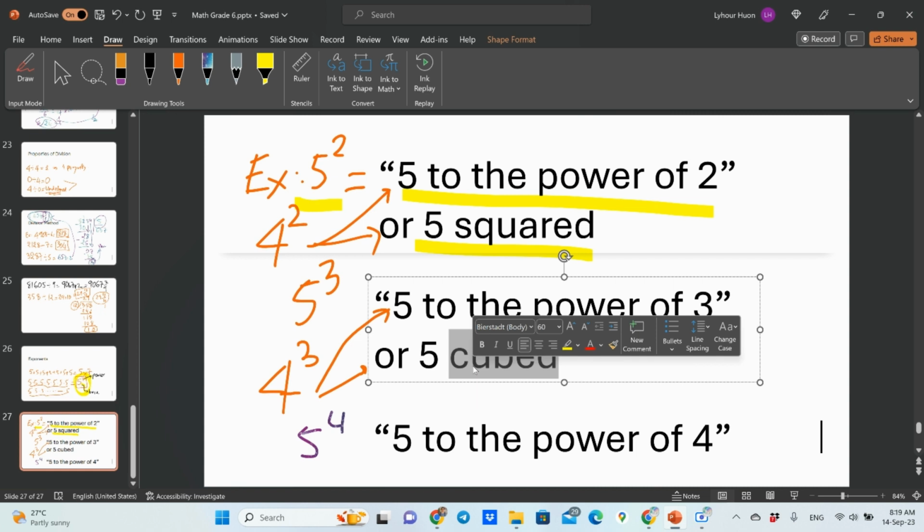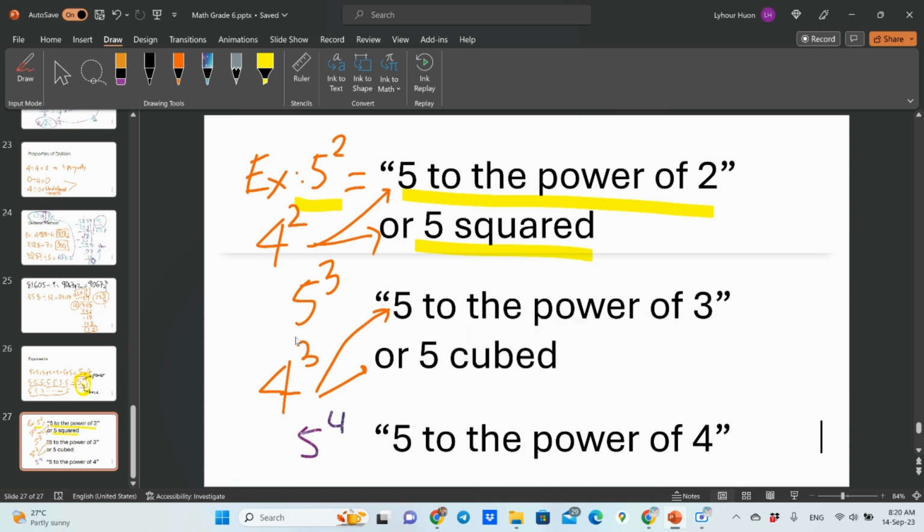The area is side times side, and the sides are the same size. So it's the side times that side again, which is size square. So we call it 5 square, 6 square. That's why the nickname exists.